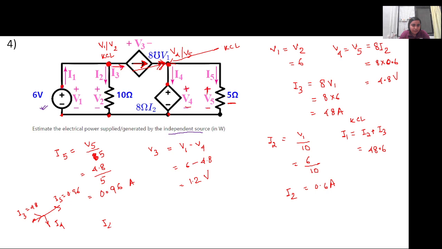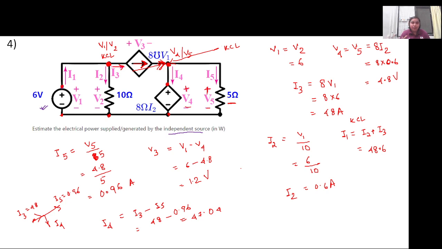So I4 will be equal to I3 minus I5, which is 47.04. So now we have all the values of current and the voltages.